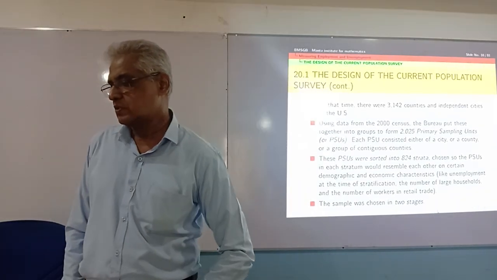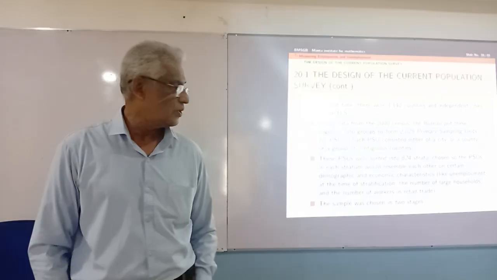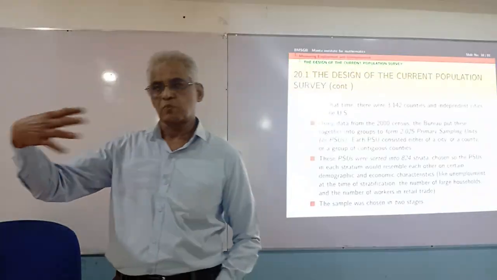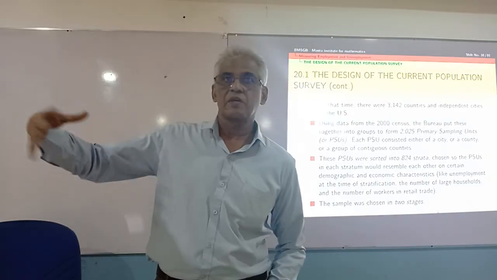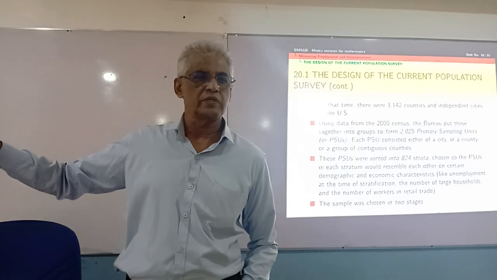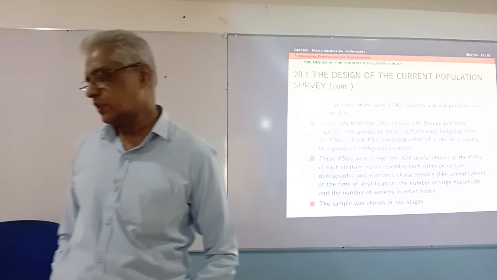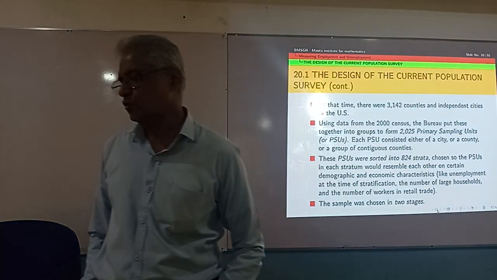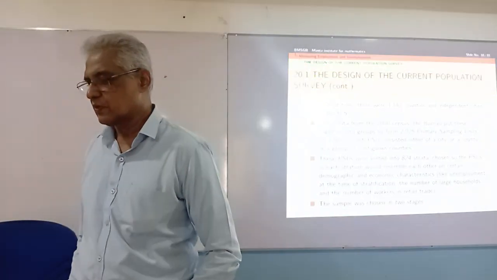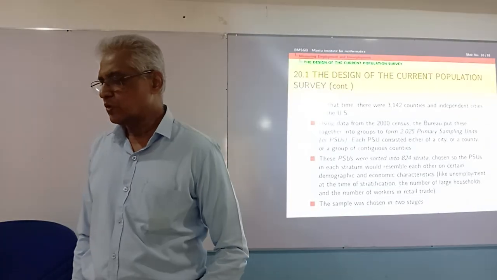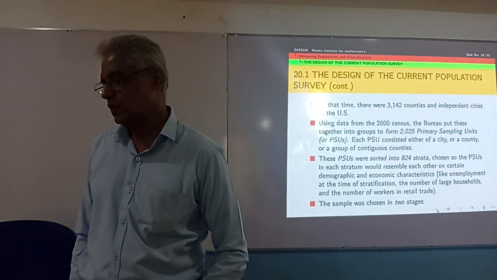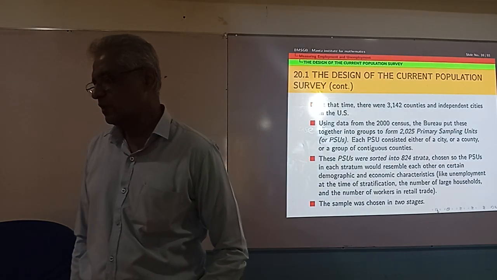At that time, there were 3,142 counties and independent cities. I don't have a pretty good idea about these words, but counties are, I think, smaller areas. Sometimes large cities are not considered counties, so they are counted separately as a city. Altogether, 3,142 such areas. Using the data from the 2000 census, the Bureau put these together into groups of 2025 primary sampling units.